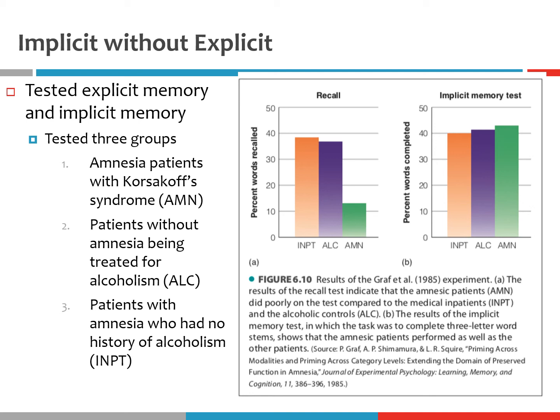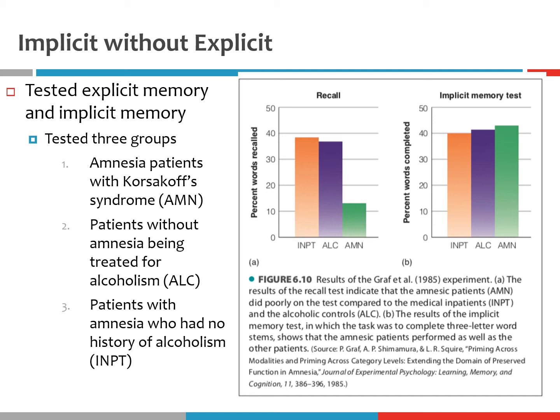They also had an implicit memory test, in which they would see word fragments. If, for example, the word was beach, they might see B, then two blank spaces, and then CH, and they would have to come up as quickly as they could with the letters to fill in the word.